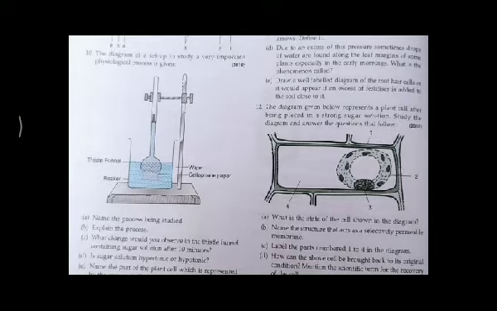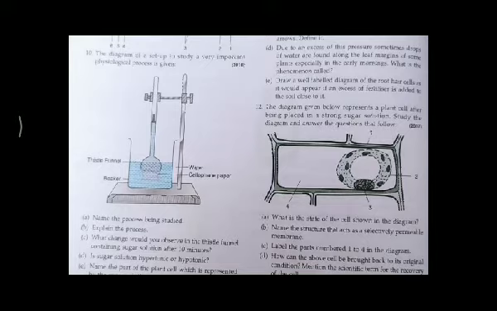In the definition of osmosis you can write: the diffusion of water molecules through a semi-permeable membrane from a region of higher concentration of water molecules to a region of lower concentration. Besides that, you can write any other definition from any other book; that is also acceptable.